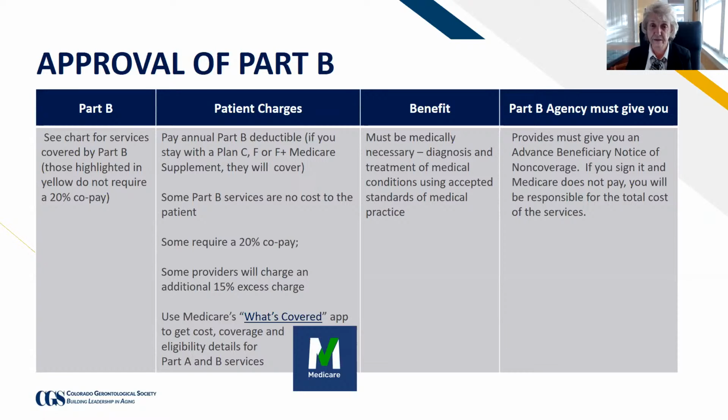Kind of a handy little app to have if you're at the doctor's office and you're trying to decide whether or not you are going to have that procedure, if they're telling you that it might not be covered because they've given you one of these notices over here and you're really trying to decide if you want it or not.